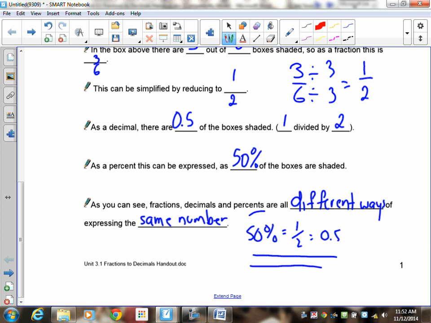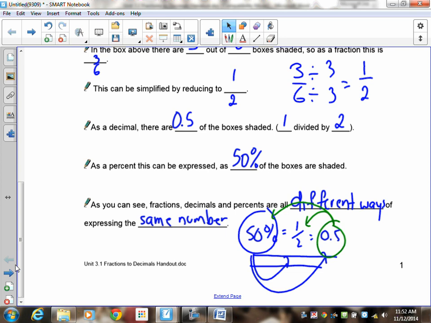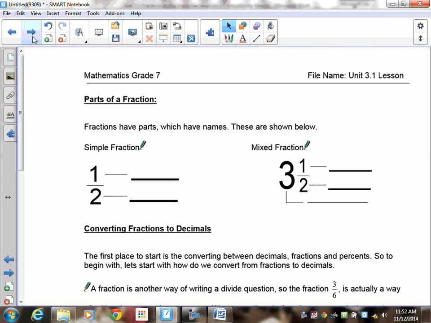So if I give you 50%, I want you to be able to get to 1/2 or to 0.5. If I gave you 0.5, I want you to be able to get to 1/2 or to 50%. And of course, the final one, if I give you 1/2, I need you to get to 50% or to 0.5. So there's 6 things you have to be able to learn in this lesson to help you out in the future. So let's take a look at the first one.